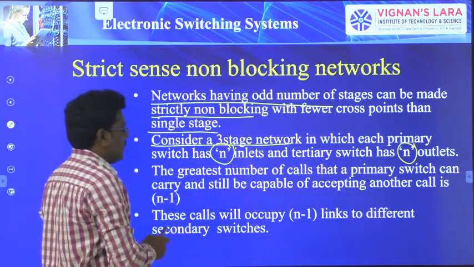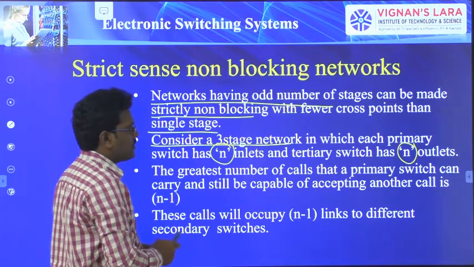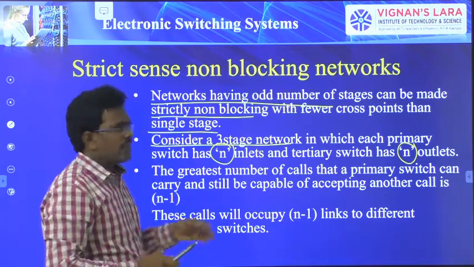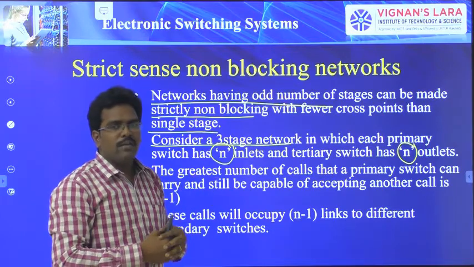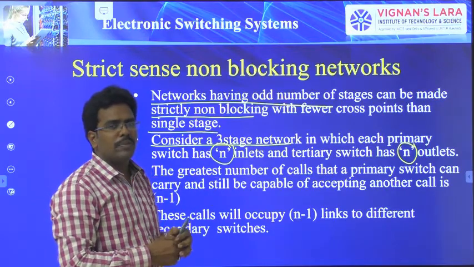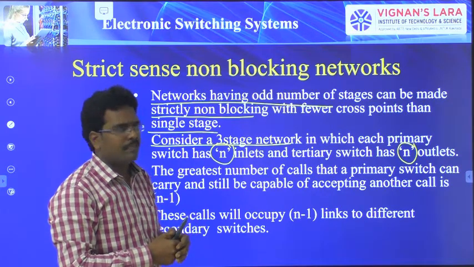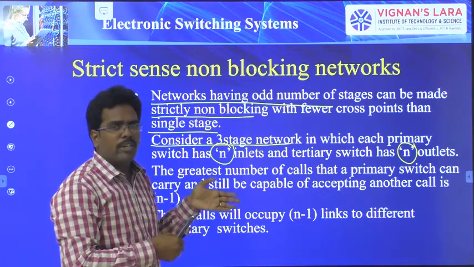Find the greatest number of calls that a primary switch can carry. Already we discussed this topic in unit number 2 itself, right? How to convert a blocking 3-stage into a non-blocking 3-stage. Here also we apply the same concept for explanation purposes.